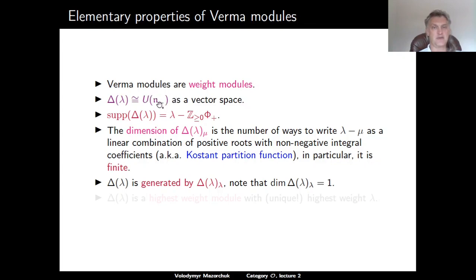Any root subspace of n minus shifts λ to λ − α, where −α is a corresponding negative root. And Δ(λ) is a highest weight module with unique highest weight λ. So all other elements in the support of Δ(λ) are clearly smaller than λ.